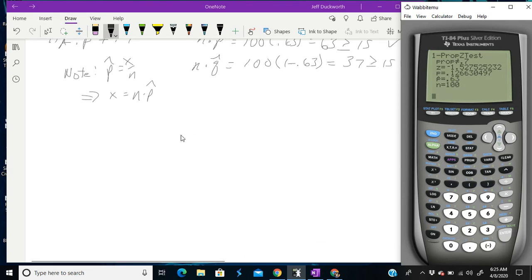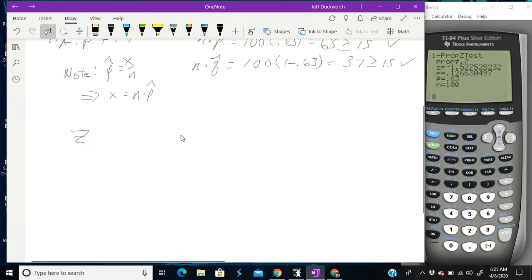So we have z, I'm going to put a little subscript test and illustrate that it's a z-test, and that equals negative 1.53, we'll round it. p hat is 0.63. This other p is the p-value, and that is 0.1266, 0.127, whatever.